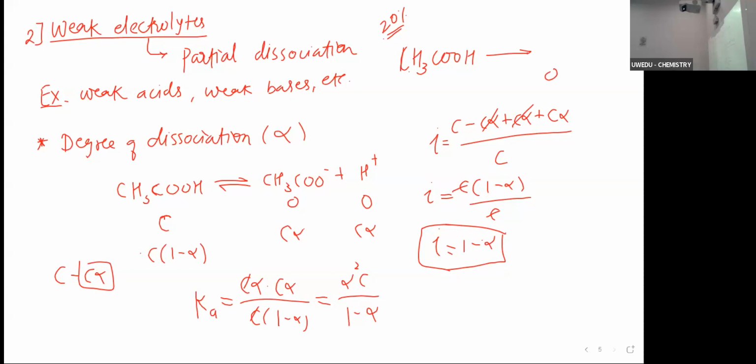Cut this one, this is minus and plus. That's why it is cancelling. No, this is plus. Correct.